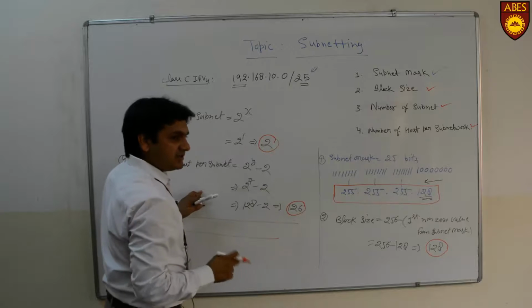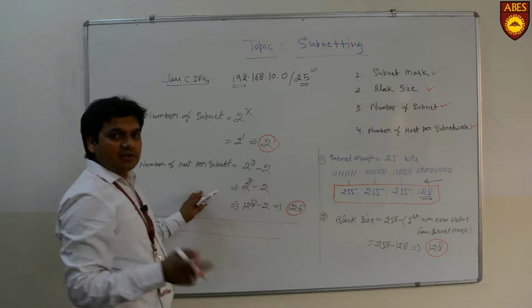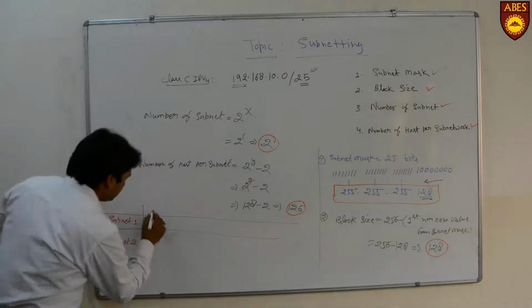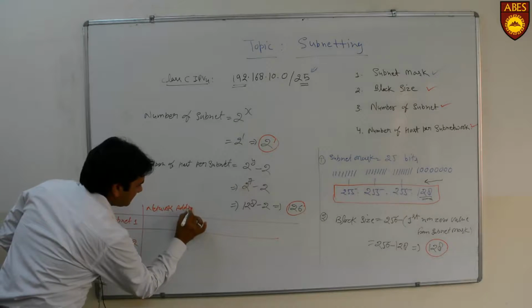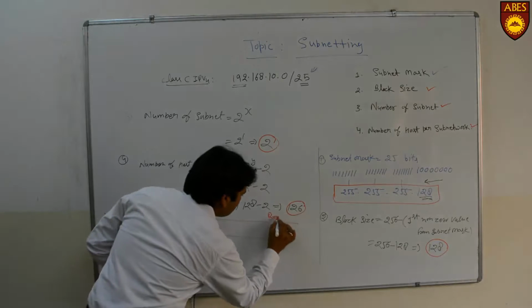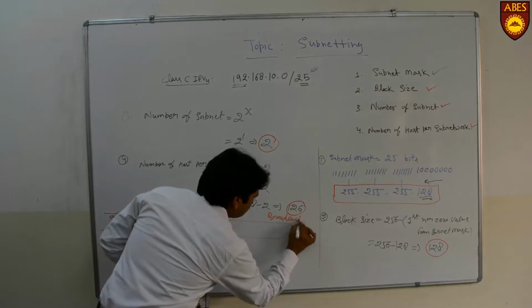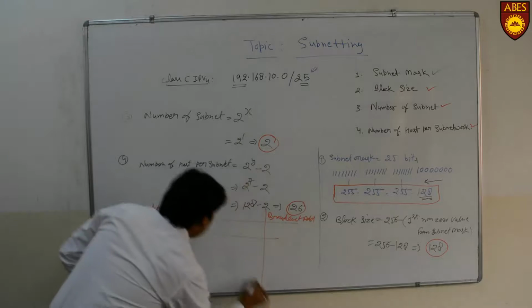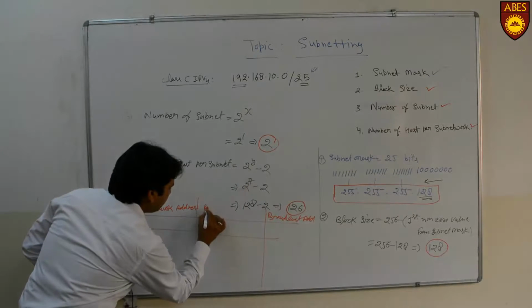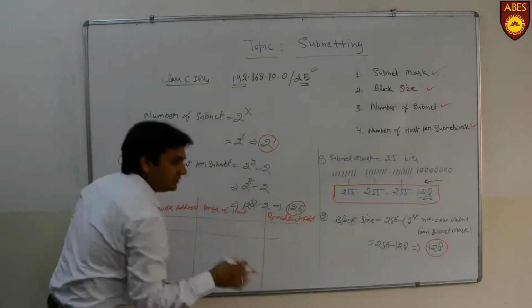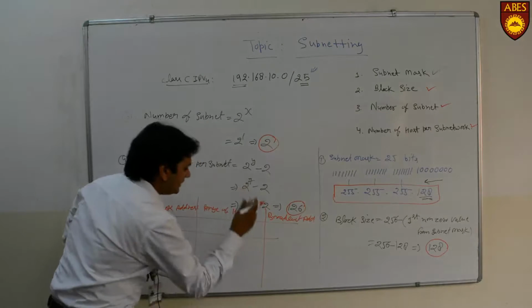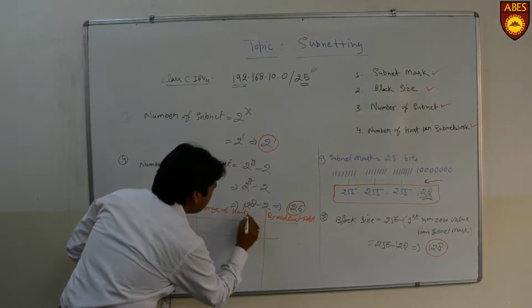Because the first address is reserved for the network and the last address is reserved for the broadcast. So here we write the first address as the network address and the last address as the broadcast address. The numbers in between are known as the range of host addresses, which we assign to the devices we need to connect to the network.